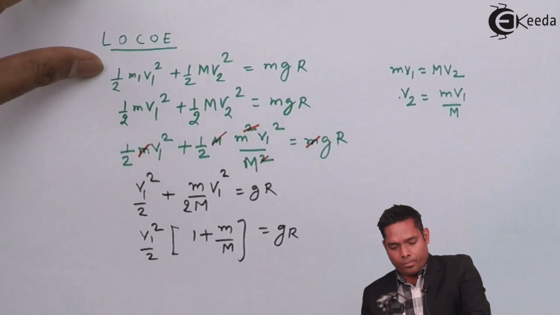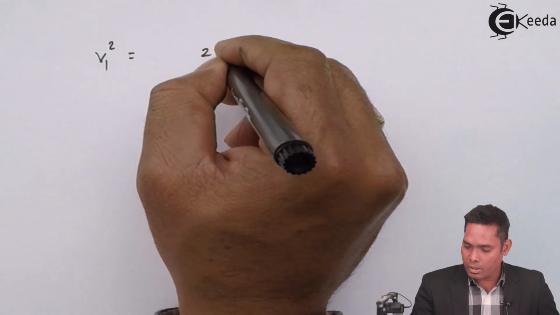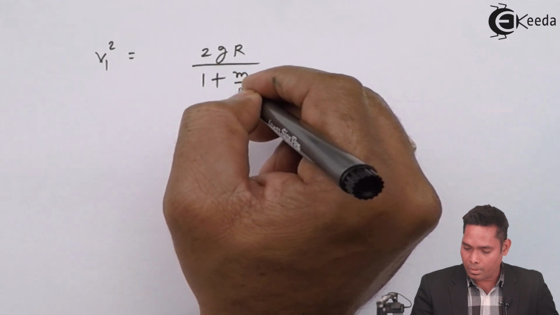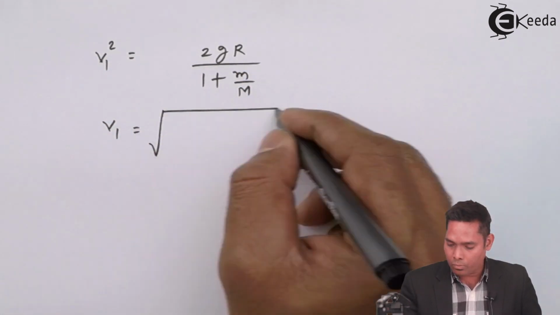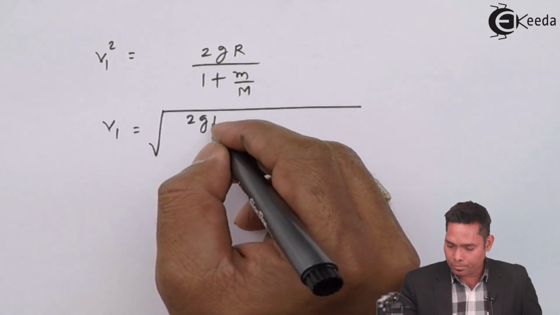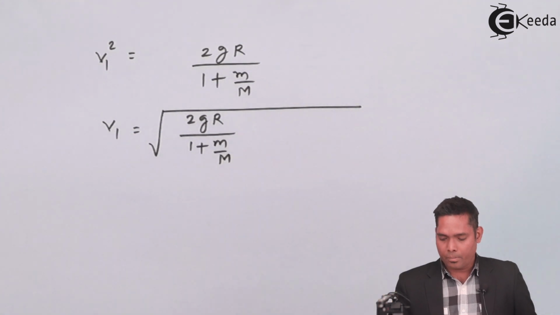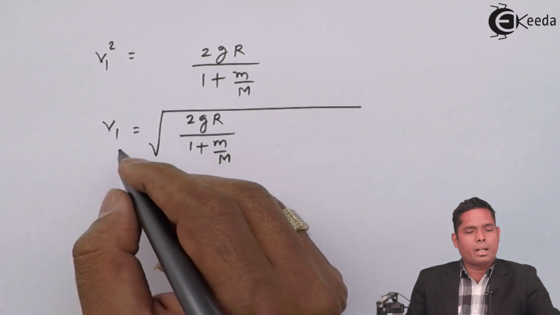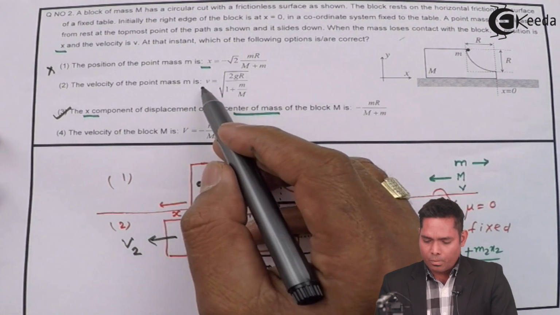If I write once more, v1 square is 2gr, from the other side of the equation, divided by 1 plus small m over capital M. So v1 comes out to be under root of 2gr divided by 1 plus m by M. In the question it is given that the velocity of the block v1 is considered as small v.